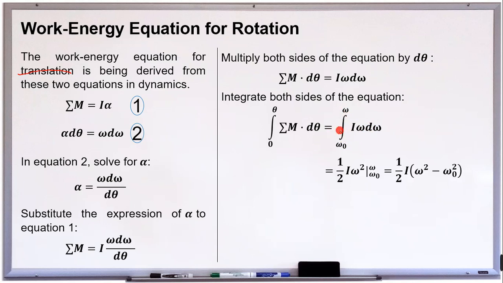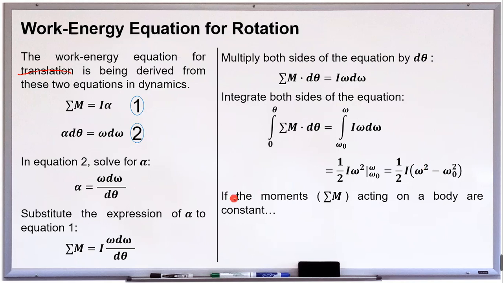So let's simplify first the right side of our equation. It will become 1 half IW squared from initial angular velocity towards final angular velocity. So we will end up with this expression. This is the formula for the kinetic energy applied for rotation. In other words, this is the rotational kinetic energy of a certain object.